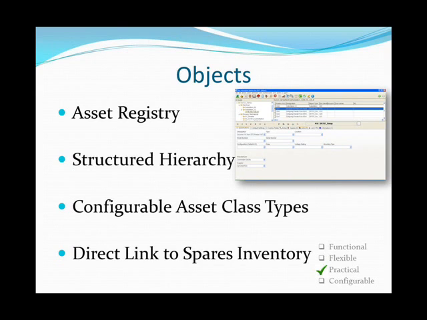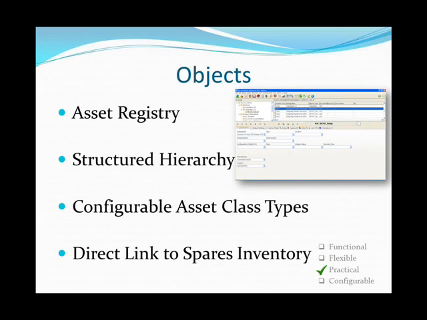The great thing about this is when you add a piece of equipment, it actually forces you to organize your equipment in terms of class types. You might have 5 pieces of equipment that are all type pump, so it's going to ask you to create an asset class type, which is a pump.